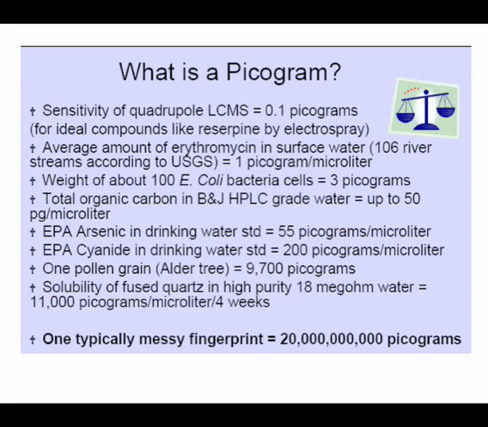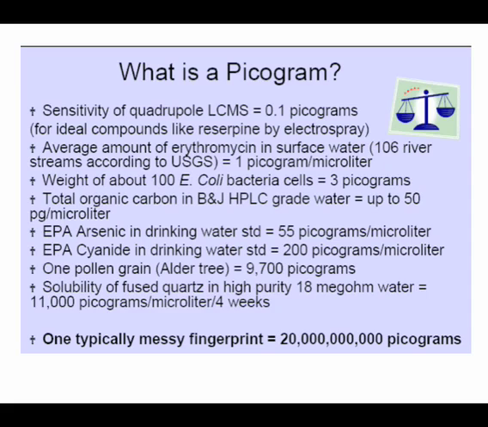But if we see that EPA arsenic in drinking water can be up to 55 picograms per microliter, or cyanide 200 picograms per microliter, so you can see what the concentration is like.